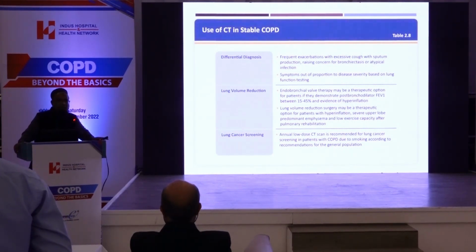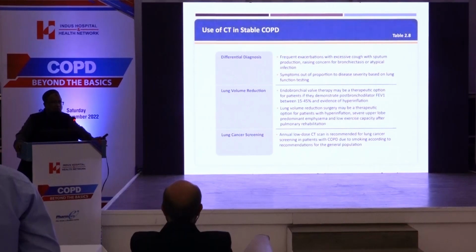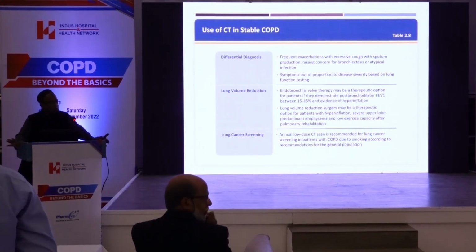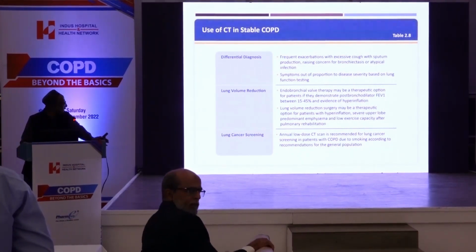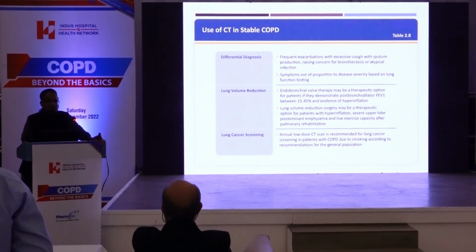Or if you want to intervene, like lung volume reduction surgery or endobronchial valve, and want to see whether the emphysema is heterogeneous or homogeneous, do a scan. Or a low dose CT for lung cancer screening. So for the first time the role of CT scan in COPD is clearly defined.